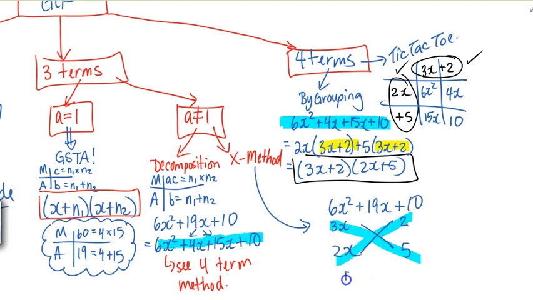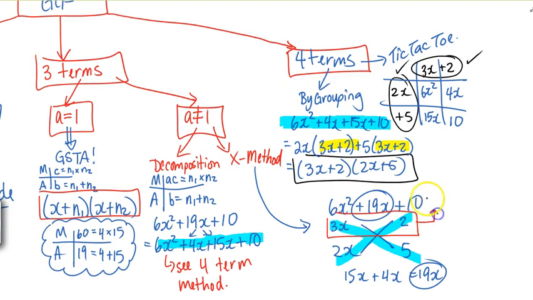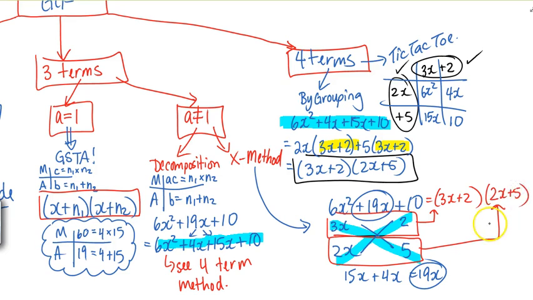We want to check that. So 15x plus 4x. Hey, that equals 19x. Okay, which is our target. Therefore, with the X method, we just rip off the top, 3x plus 2, and rip off the bottom pair, 2x plus 5. And you're done.